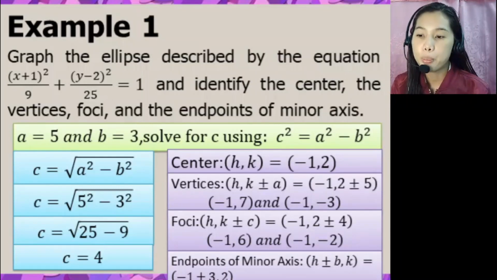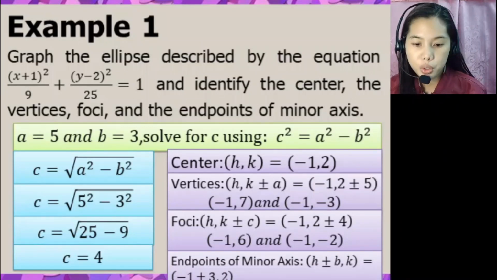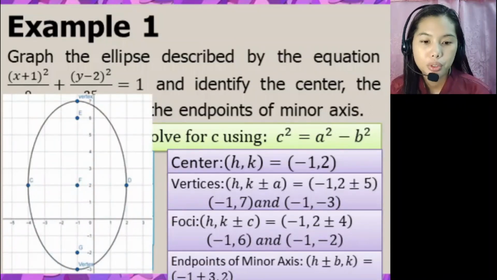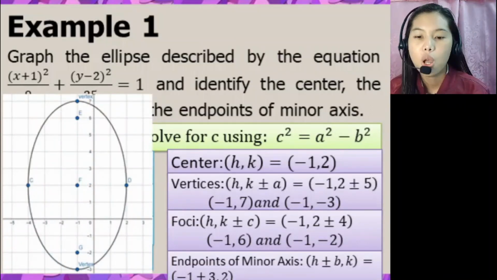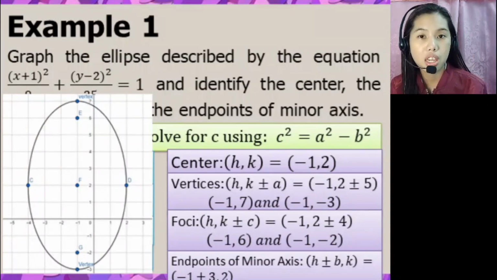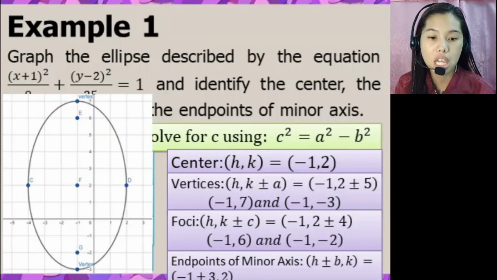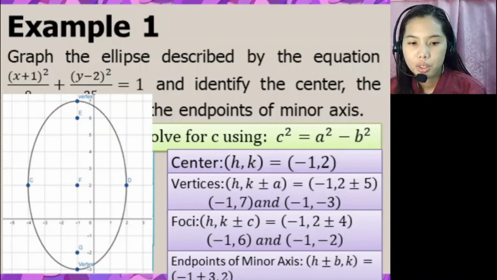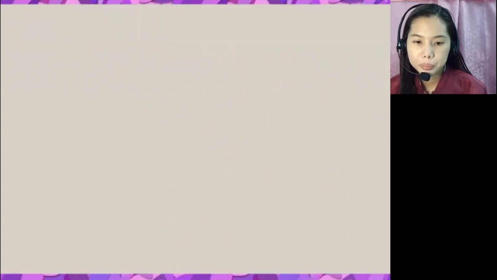So the endpoints of our minor axis lie at 2, 2, and negative 4, 2. And now this is our graph. If you try to look at it, the ellipse is vertical, parallel to the y-axis. No? Okay.